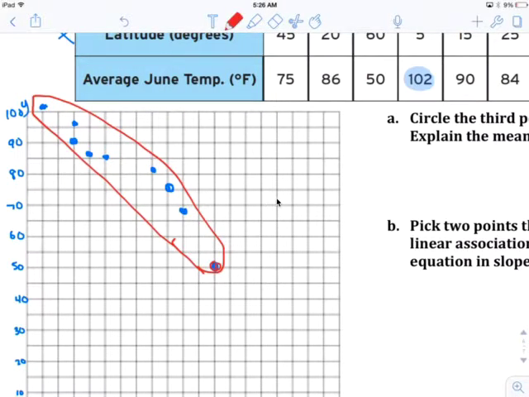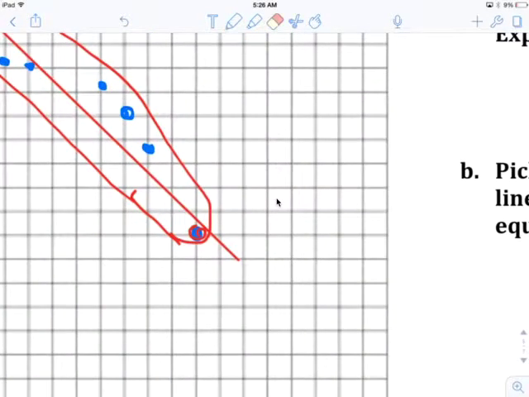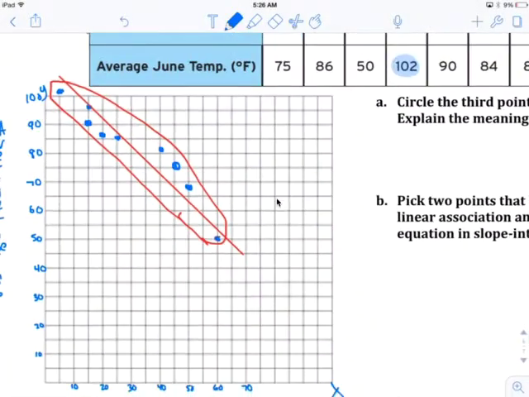You can do this, and that is okay. Now, once you do that, this dot right here is no longer your choice, because this dot is not on your line. So all of you will have different answers, okay? Depending on your line of best fit.